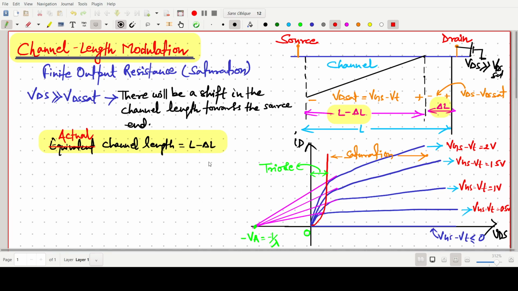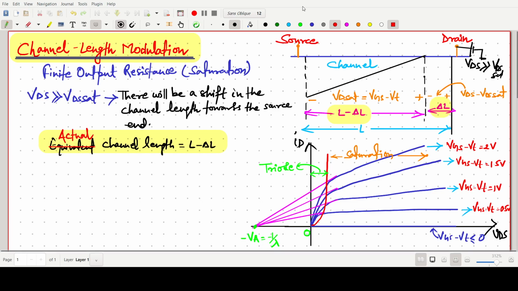Basically, the voltage across the channel remains constant. It means VDS set equals VGS minus VT. The voltage across the channel remains constant, and the additional voltage applied across the drain region appears as a voltage drop across the narrow depletion region between the end of the channel region and the drain region.